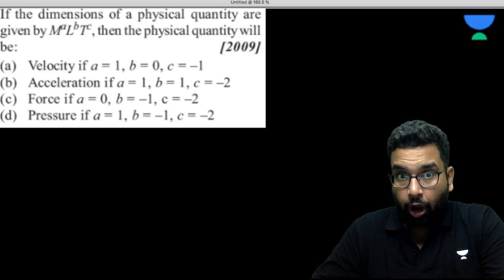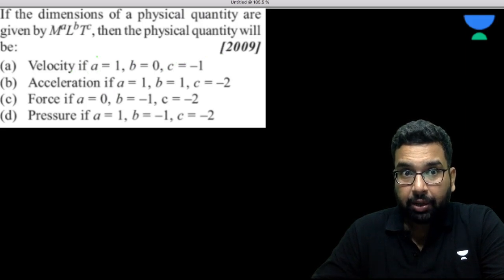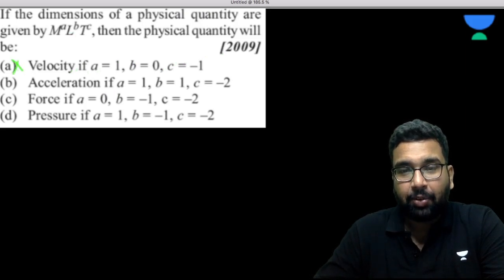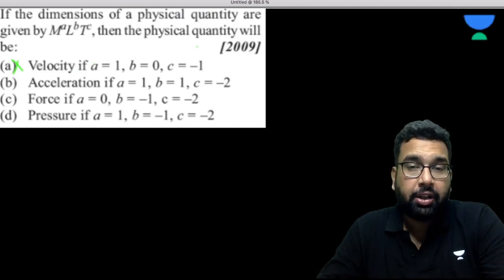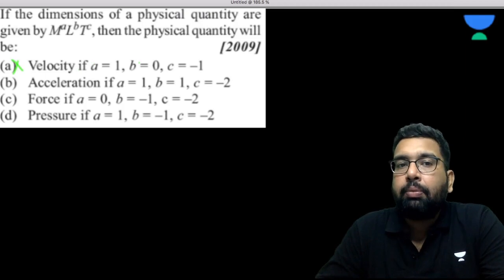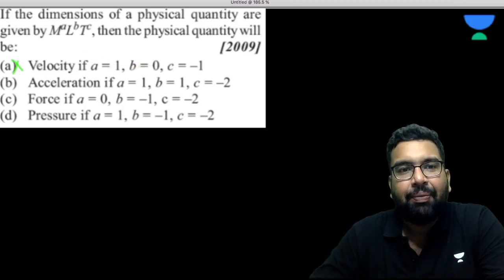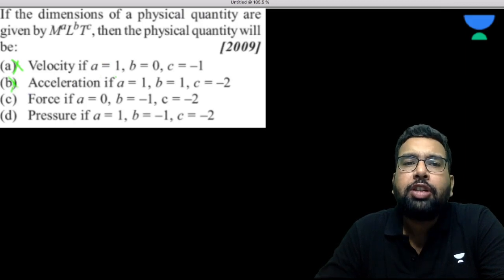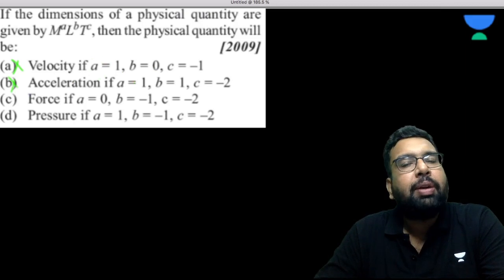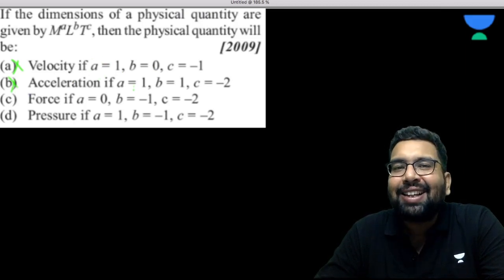Now, velocity, if a is equal to 1, this can't be the answer, because velocity is the change in displacement upon change in time, so it has nothing to do with the mass, obviously. Acceleration is also change in velocity upon change in time, so a can't be 1 because it has nothing to do with the mass again.